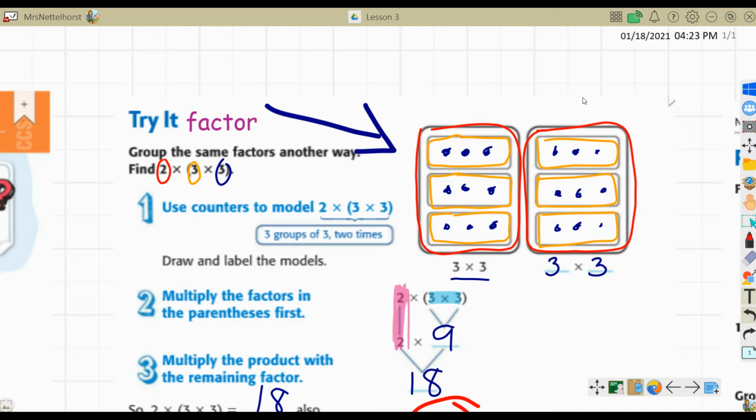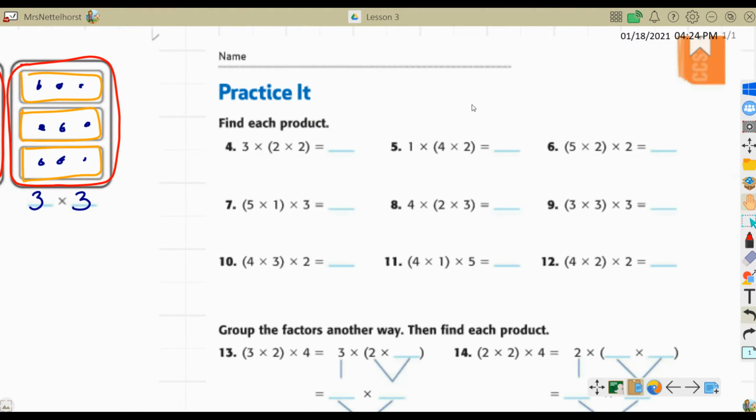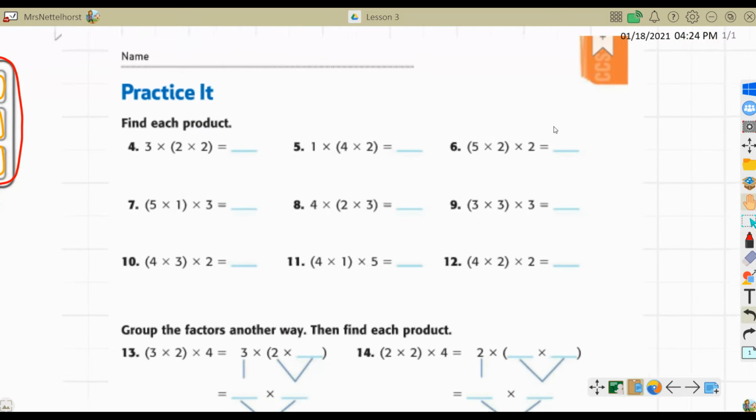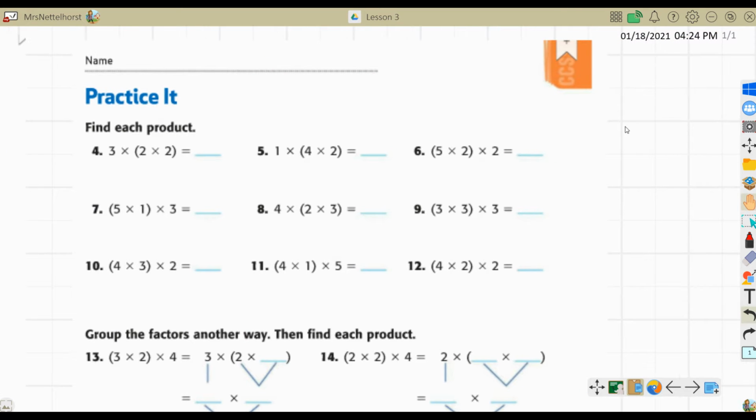It'll confuse your teacher. Okay, so now we're going to switch over to the independent practice page, and we're going to practice it. So if you are not in my class and your teacher's already given you directions, you don't need these directions, you may stop the video now. If you're in my class, you need to continue to watch because I'm going to give you some very important directions.